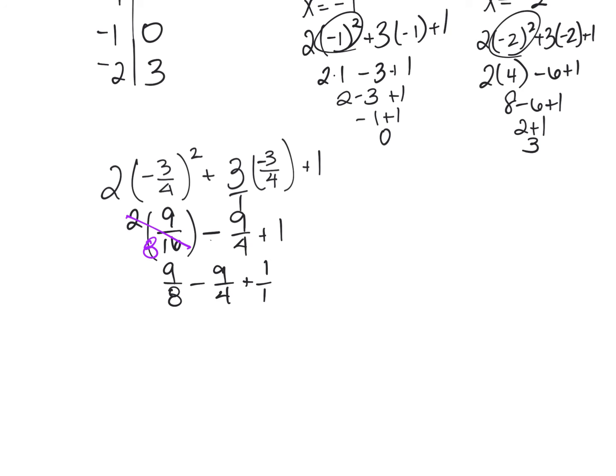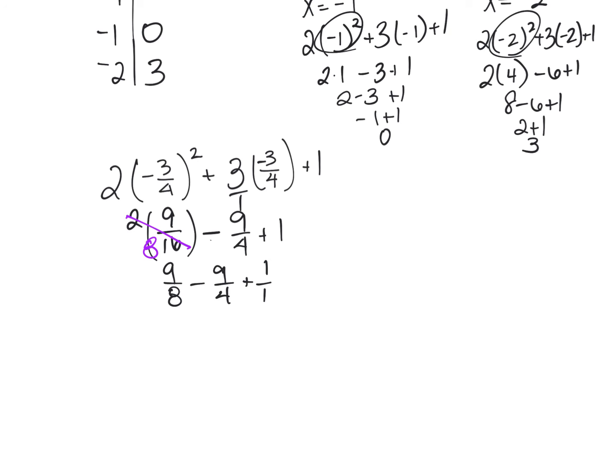So, 1 over 1 will be 8 over 8. 16 divided by 2 is 8. So I can cross simplify, because I'm multiplying 9/16 by 2, which would be 18 over 16, which would reduce to 9 over 8.